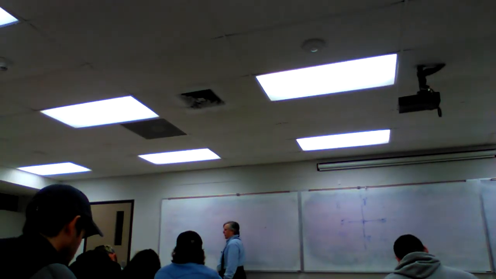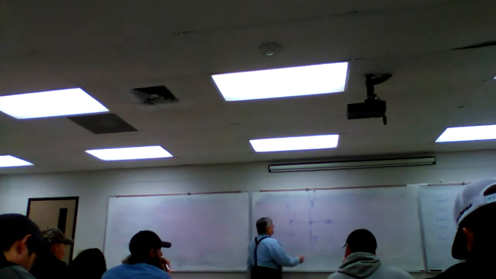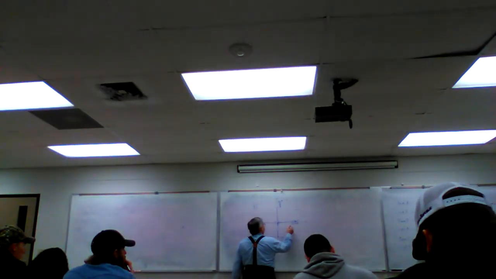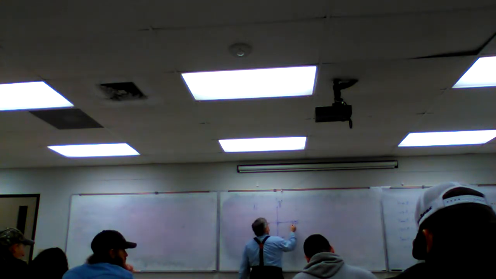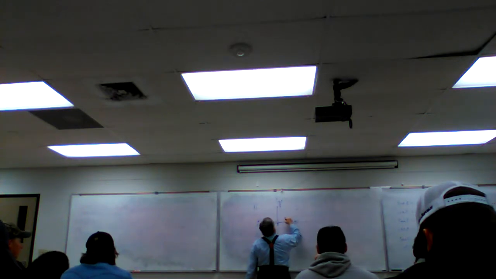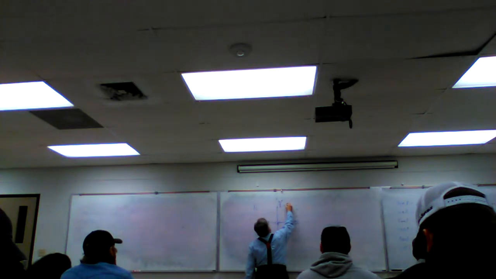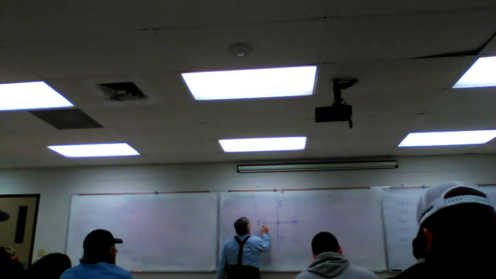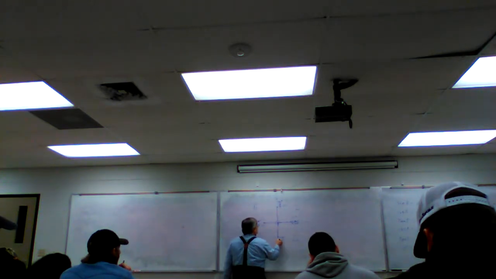Now, what are the coordinates of these 4 points? Here we have the coordinates of 1 and 0. Here we have coordinates of 0 and 1. Here we have coordinates of -1 and 0. And here we have coordinates of 0 and -1.